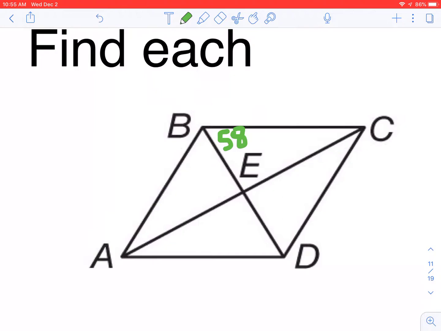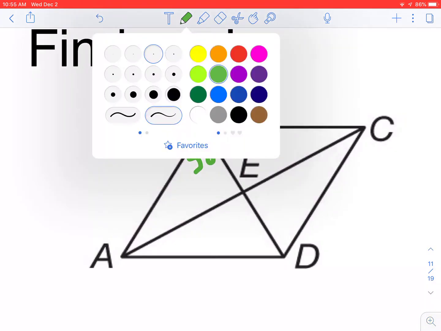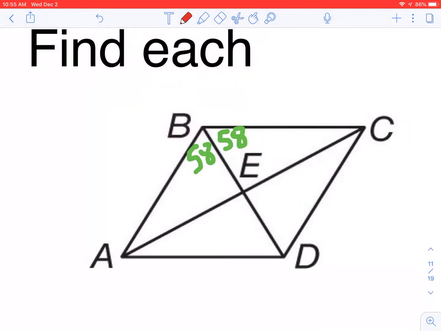Okay, so if this is 58, that means this is 58. And if we combine that together, you are going to get 116. Which means this is 116.